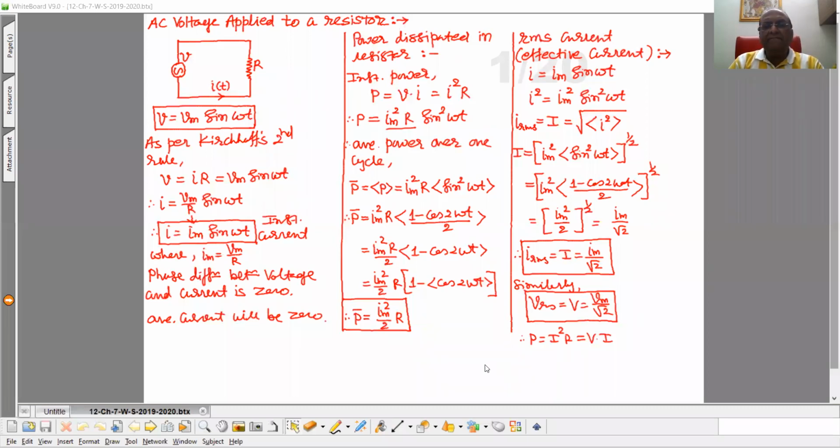Now see here, this Im square by 2, that is I square, where I is Im by root 2, that is your current I. So now we can represent power as capital I square into R, or simply V into I.